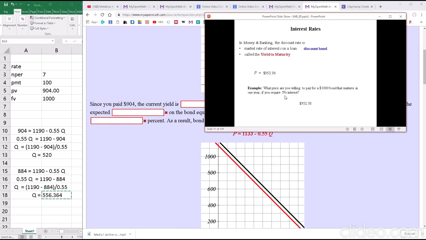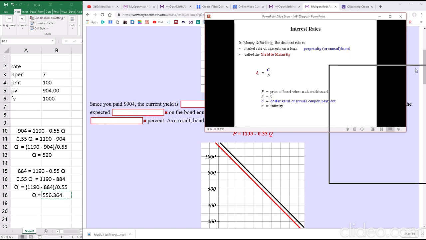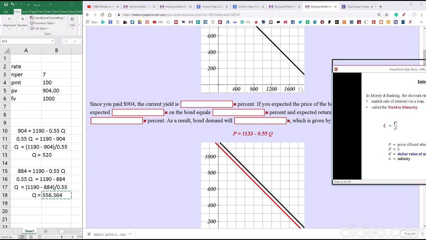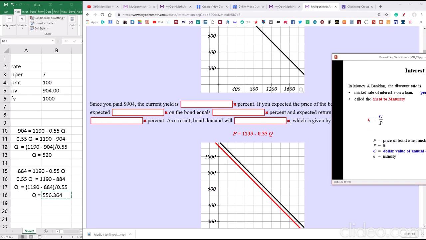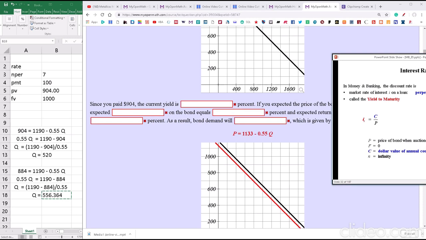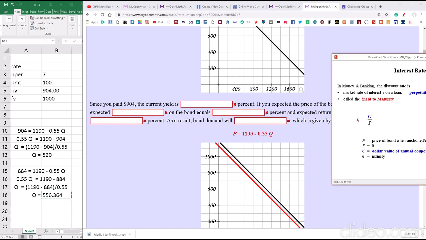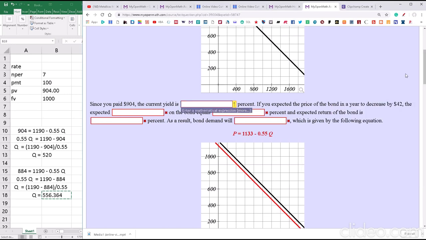The current yield can be found by just taking the coupon payment divided by the price. So let's set that over here.